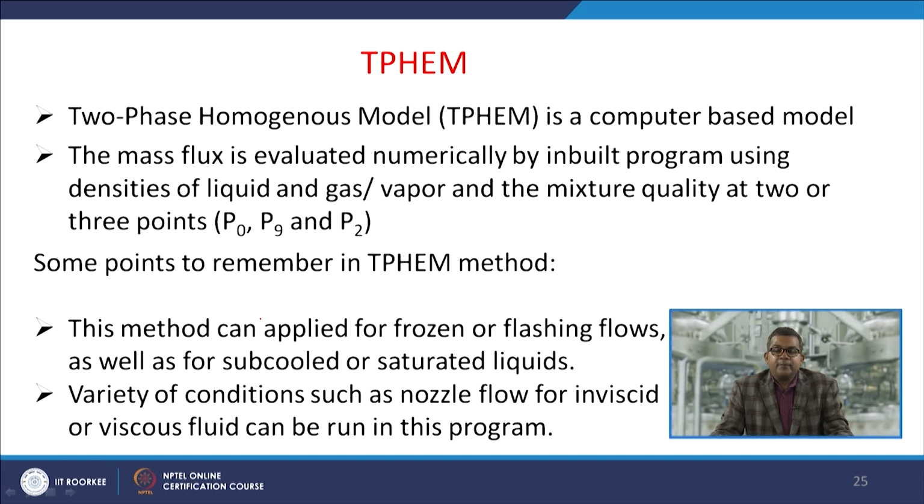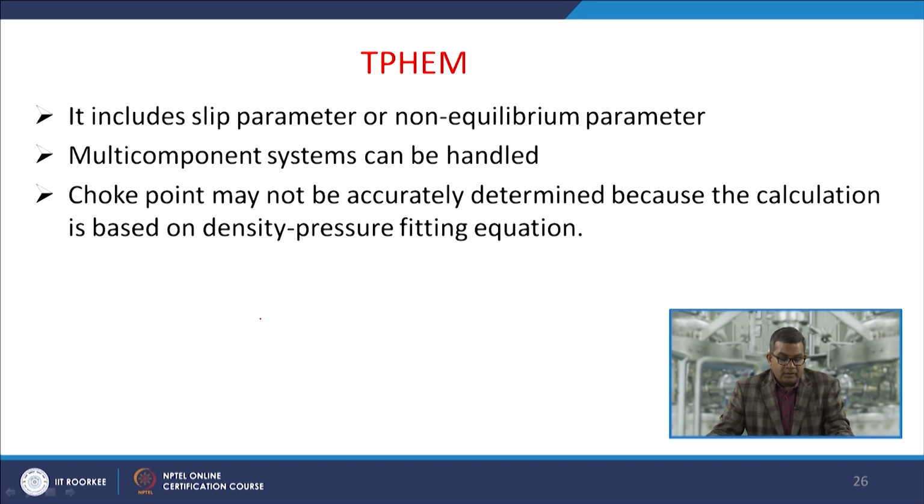Number one is that this model can be applied for frozen or flashing flows as well as for subcooled or saturated liquid. Now, a variety of conditions such as nozzle flow for inviscid or viscous fluid can be run in this particular program. The third point is that it includes a slip parameter or non-equilibrium parameter.